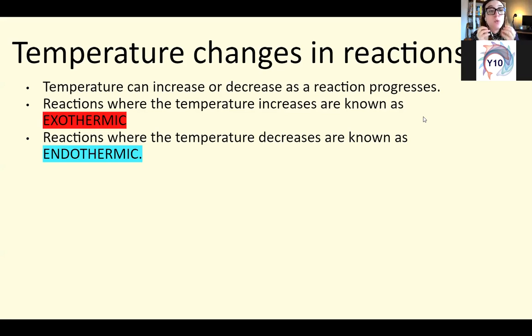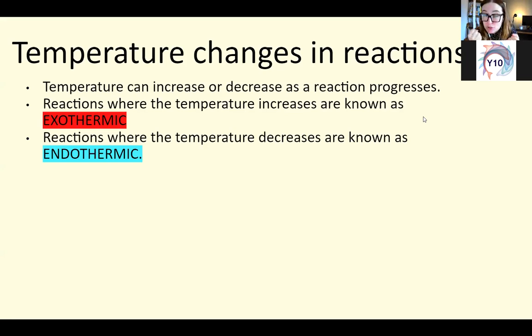So first of all, we know that in a reaction, we can see a temperature increase and we can see a temperature decrease. Both of those things tell us that a chemical reaction is taking place. Now, reactions where the temperature increases are known as exothermic reactions. Now, exo and thermic.